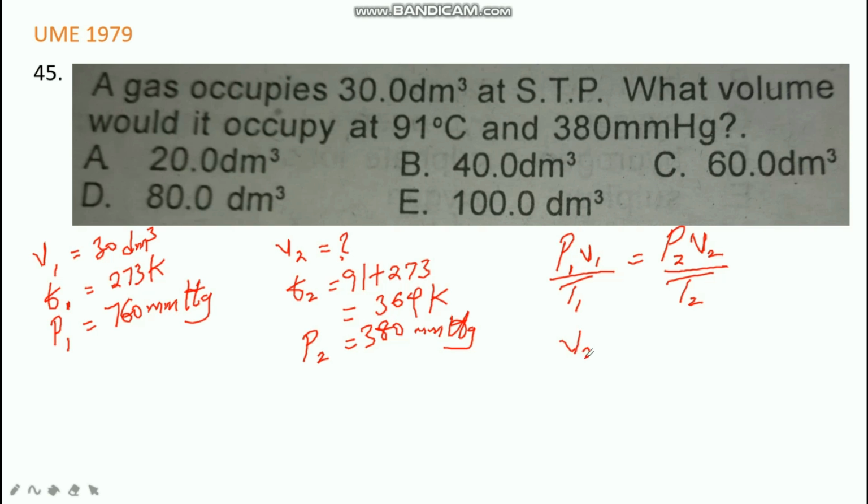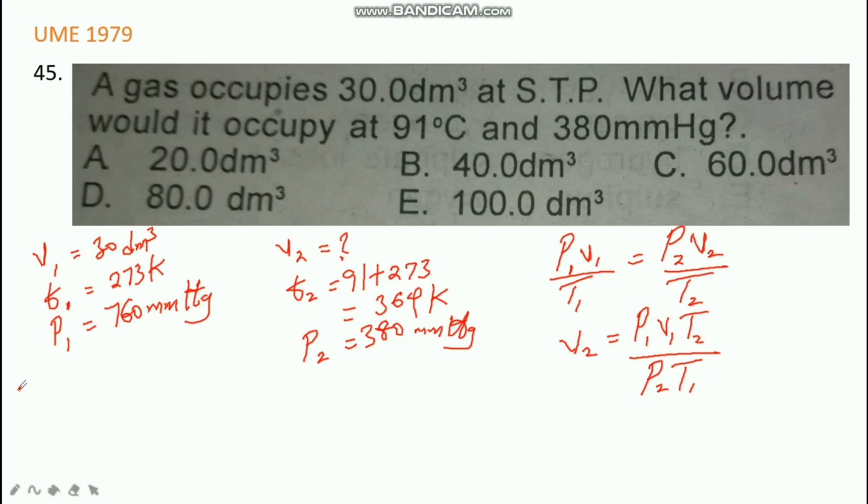V sub 2 is going to be equal to P sub 1 V sub 1 T sub 2 over P sub 2 T sub 1. We don't need to convert the pressure since they are all in the same units.